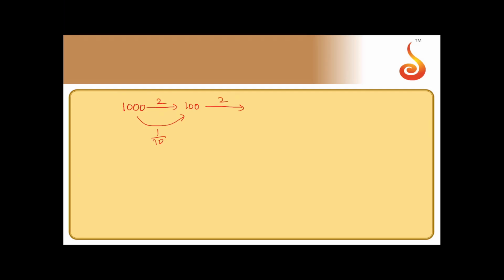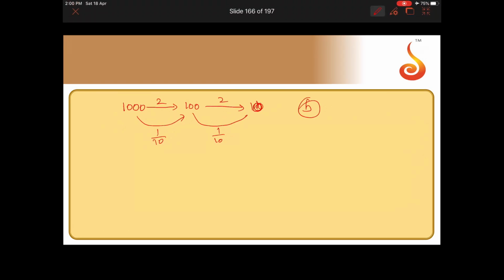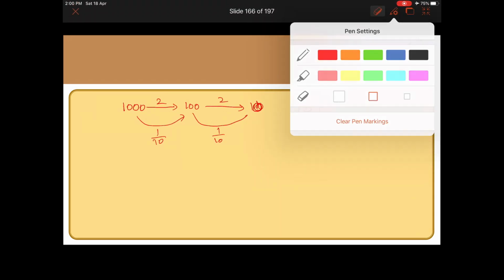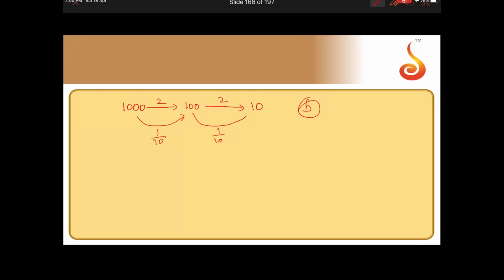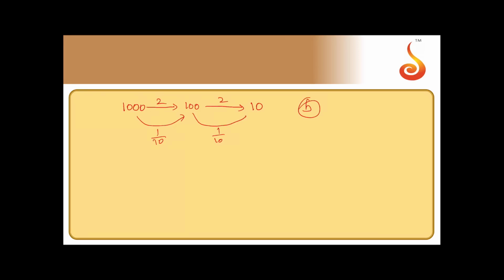After 4 days means another 2 days, so it should become 1/10 again. 1/10 of 100 means it should become 10. So that should be option B.